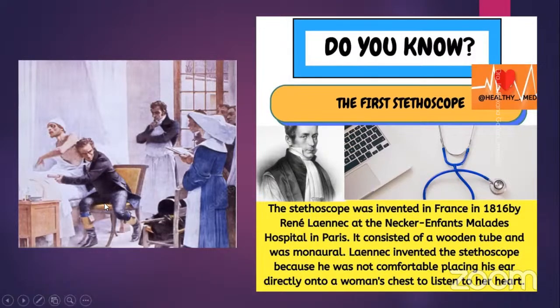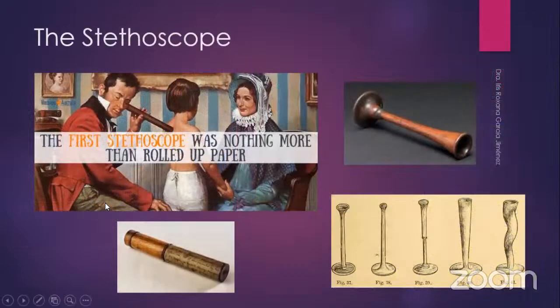But Ronald Laennec decided to develop the stethoscope because when he was supposed to evaluate a lady, he didn't want to place his ear on the chest of the lady because of the historical moment, the feudal shame that it could be for the lady to be naked in front of the doctor.